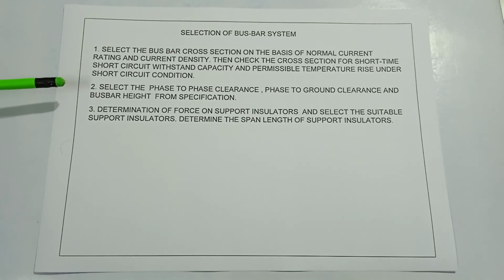Second, select the face to face clearance, face to ground clearance and busbar height from specification. Third, determine the force on support insulators and select suitable support insulators. Determine the span length of support insulators. Okay, next.